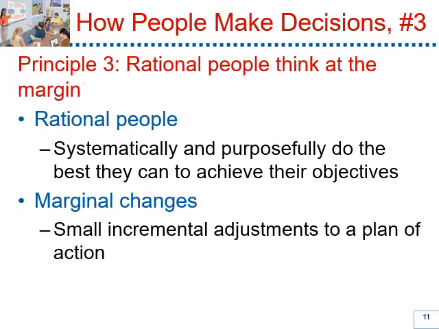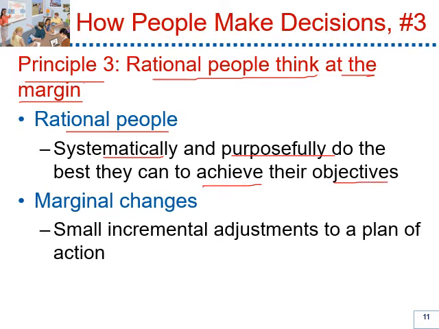Principle number three deals with how rational people think at the margin. Rational people systematically and purposely do the best they can to achieve their objectives. So what do we mean by thinking at the margin? A marginal change is a small incremental adjustment to a plan of action.